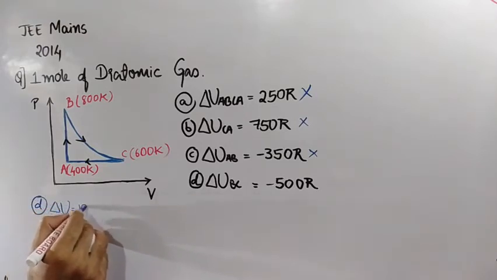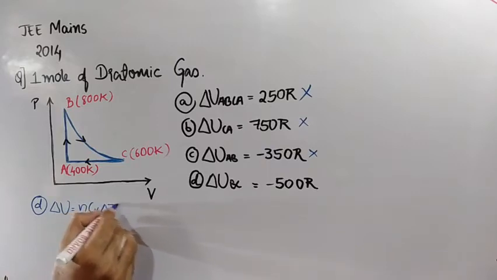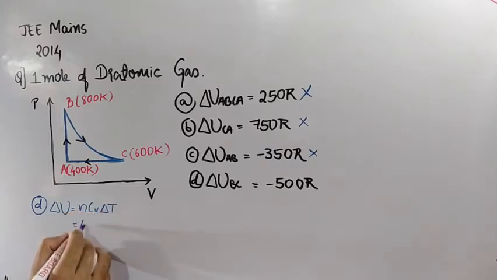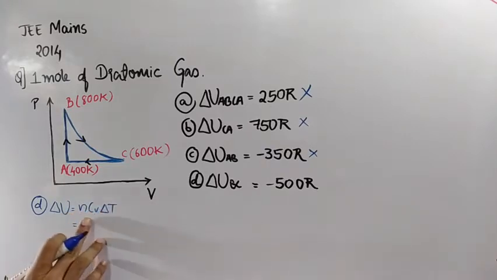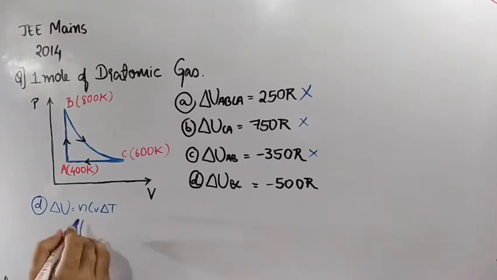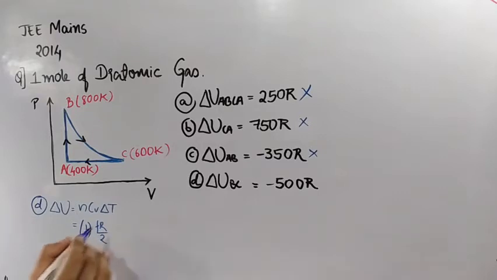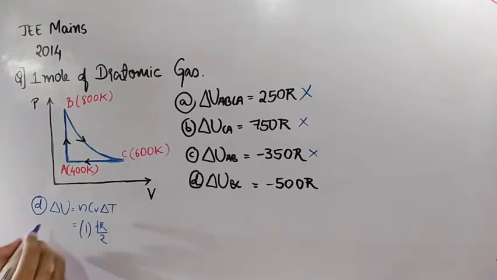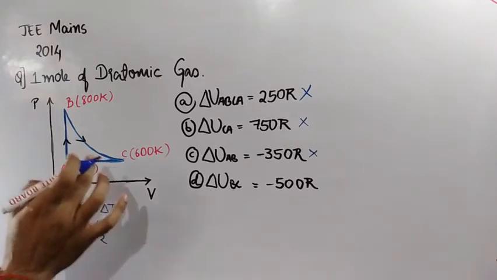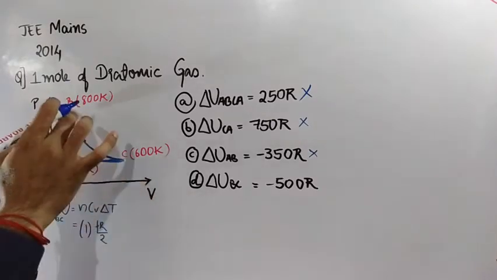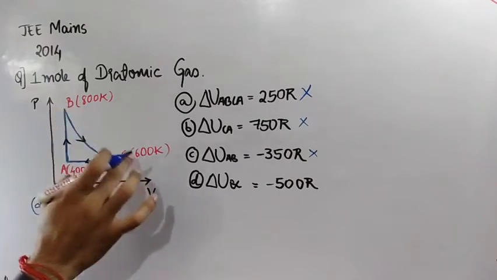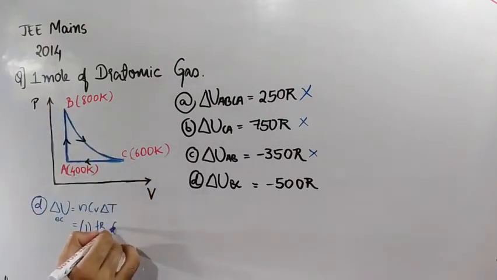Delta U is nothing but nCv delta T. Clear? n value is 1. Cv is fR by 2. Delta T is how much in the process BC? This is for delta U in the process BC. Final minus initial: 600 minus 800, minus 200.